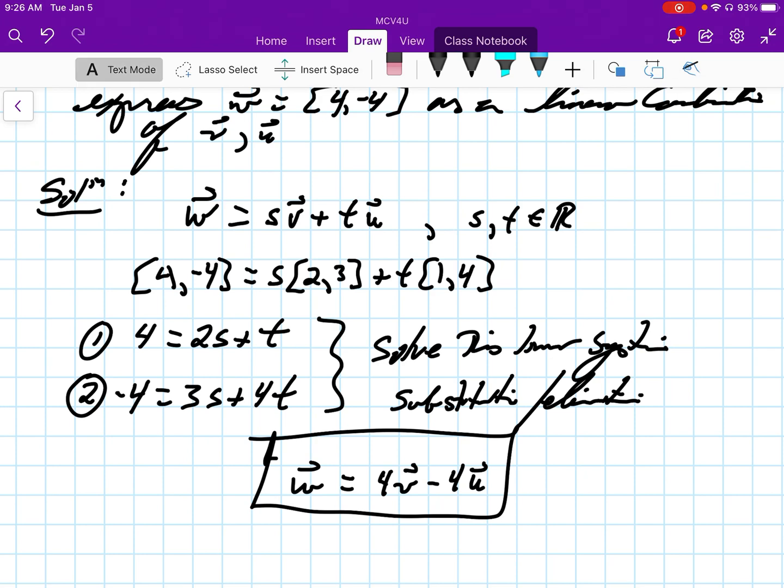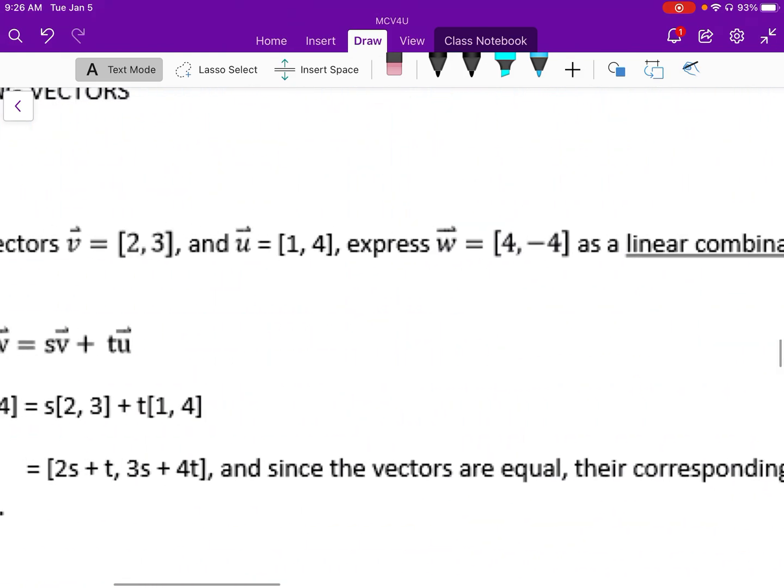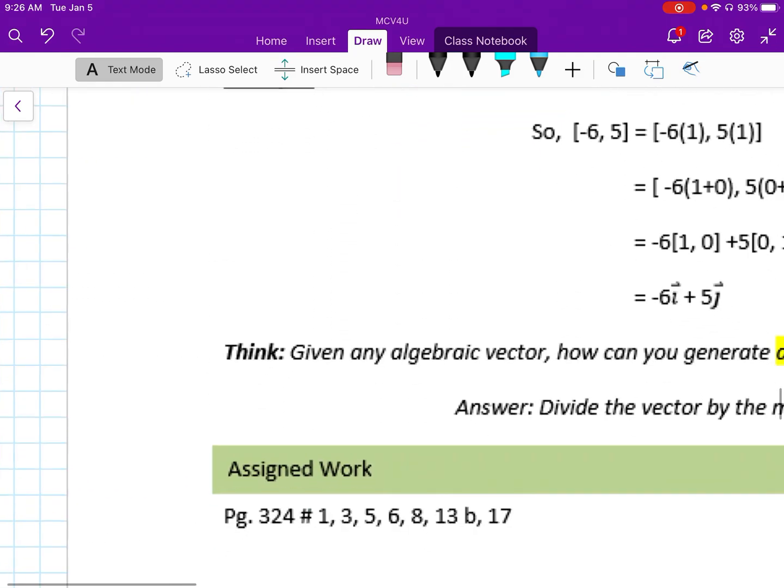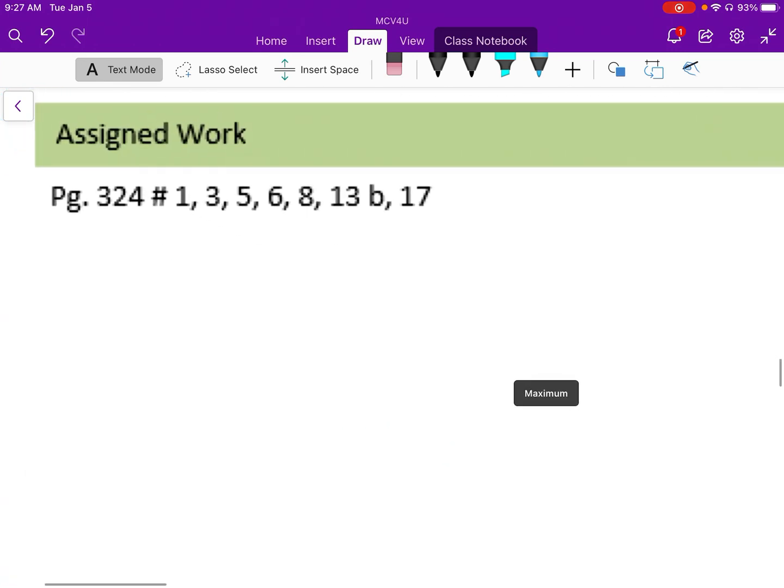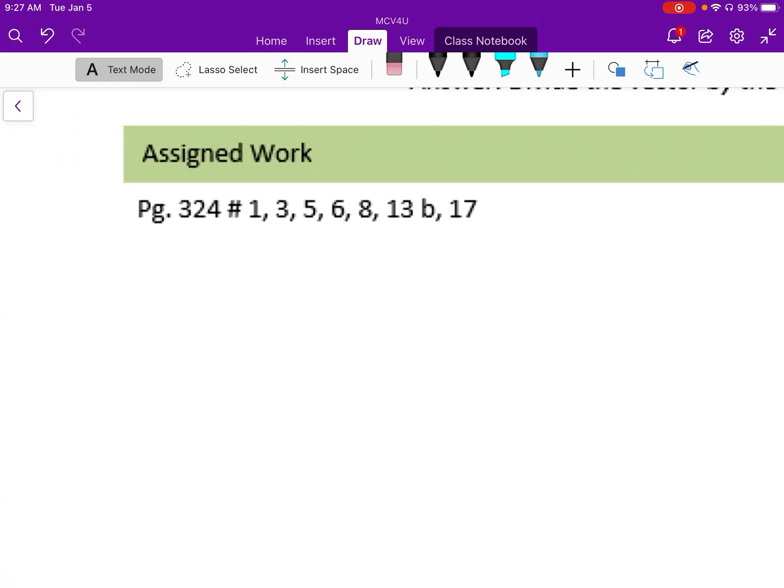I know it was a very long one, but there was a lot of information to go through. We could take a look at this homework to help us understand what algebraic vectors are. And if you're like me, you'll soon find out that algebraic vectors are a lot easier to work with than geometric vectors.